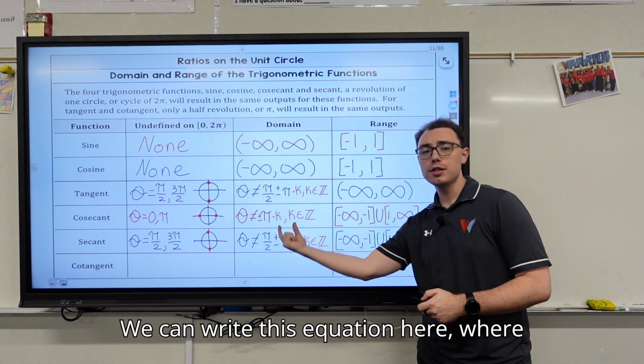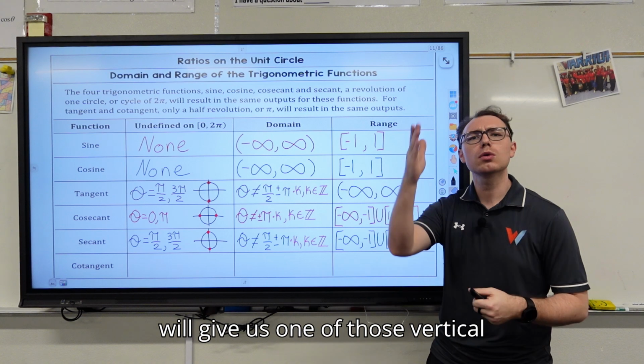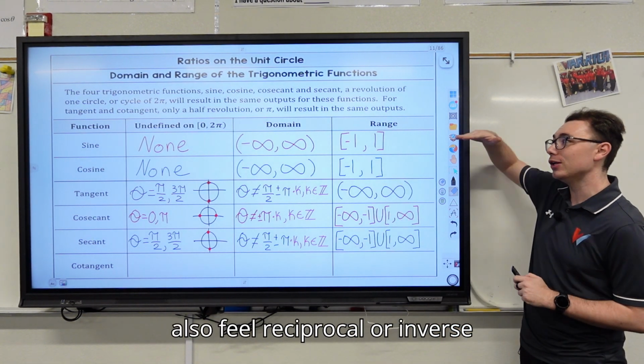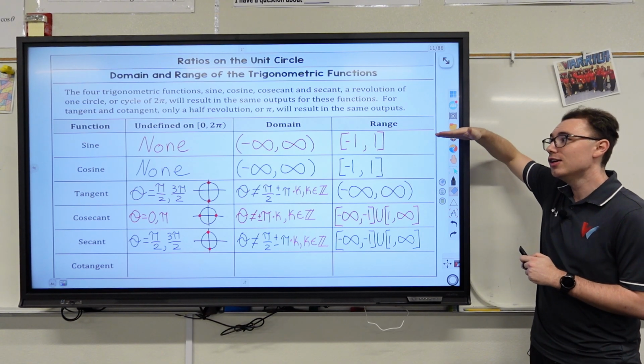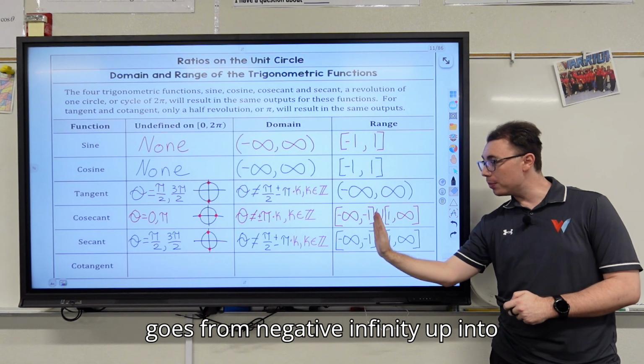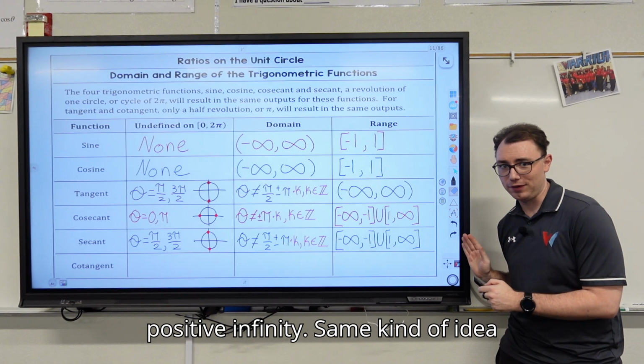We can write this equation where every value of pi times some integer will give us one of those vertical asymptotes. And our ranges here also feel reciprocal or inverse to our sine and cosine, where the range goes from -infinity up to -1, then goes from 1 to +infinity.